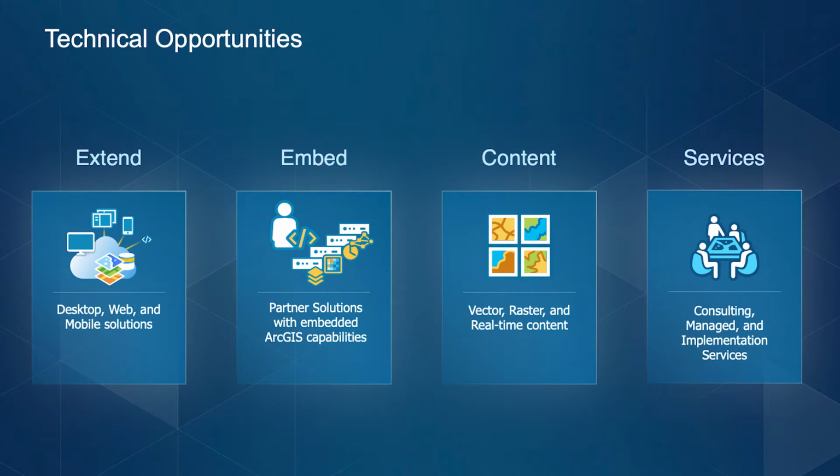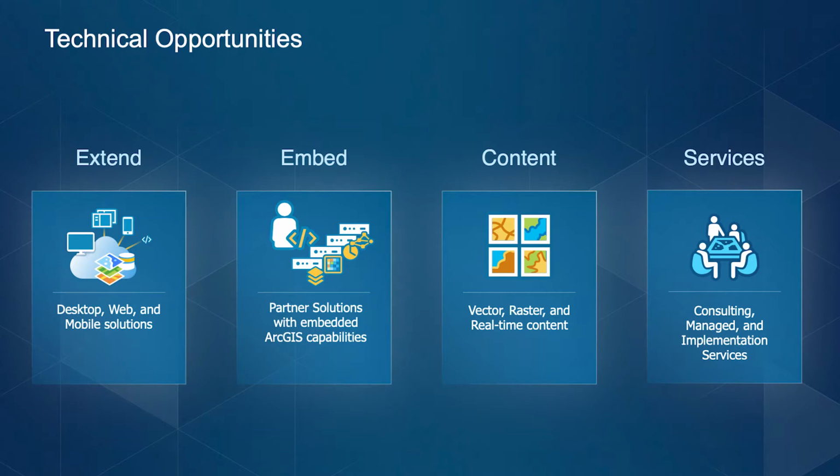Next is embed. Here, you are typically building a cloud or SaaS-based solution. You're embedding ArcGIS capabilities in your offering. Next is content. So we work with many organizations that have premium content that they want to offer as ArcGIS-ready content to Esri customers.